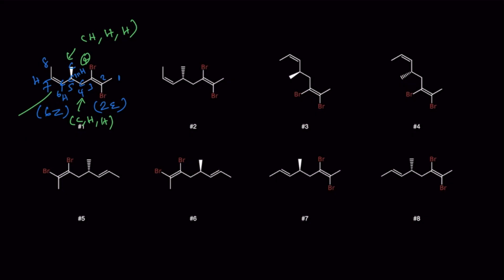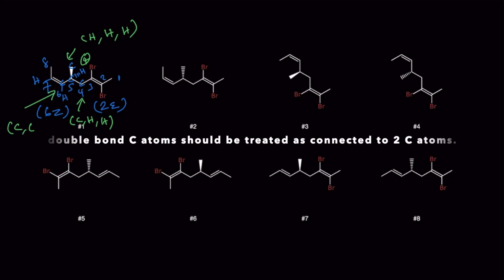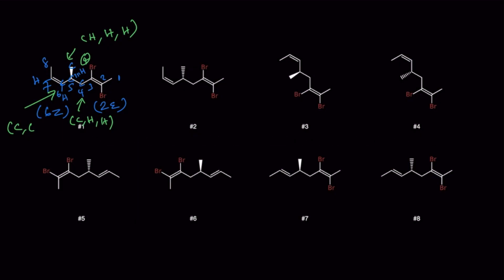For this carbon we can consider it as carbon connected to carbon because we have a double bond, and then 1 hydrogen. So obviously the top priority must be given to this, and then this one, and then this one.